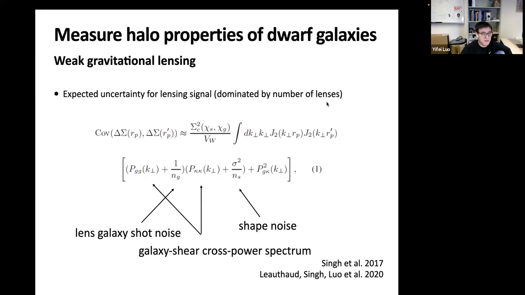That's why we stack the weak lensing signal around lots of lens galaxies, or a lot of dwarf galaxies, to get a good lensing signal to noise. So with this kind of equation, given the number of dwarf galaxies, or the number of lenses, we can have a rough estimation of the weak lensing signal to noise.